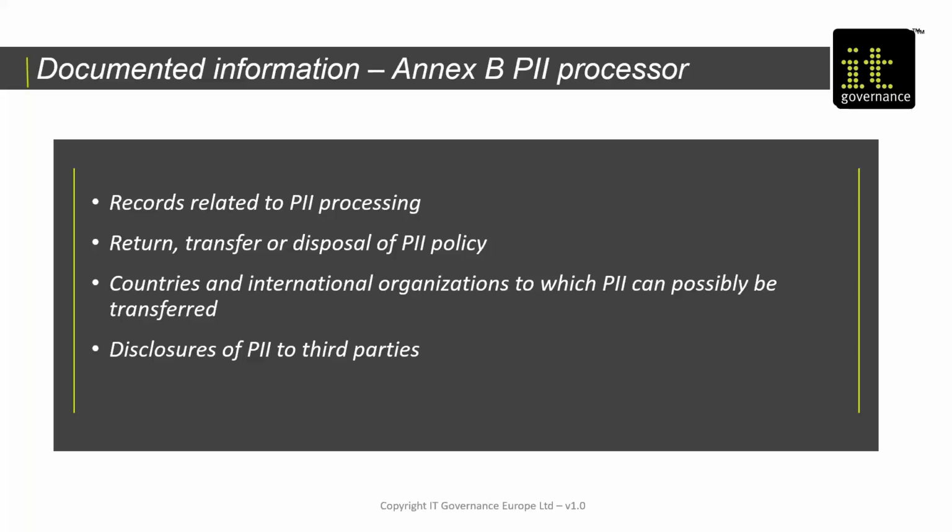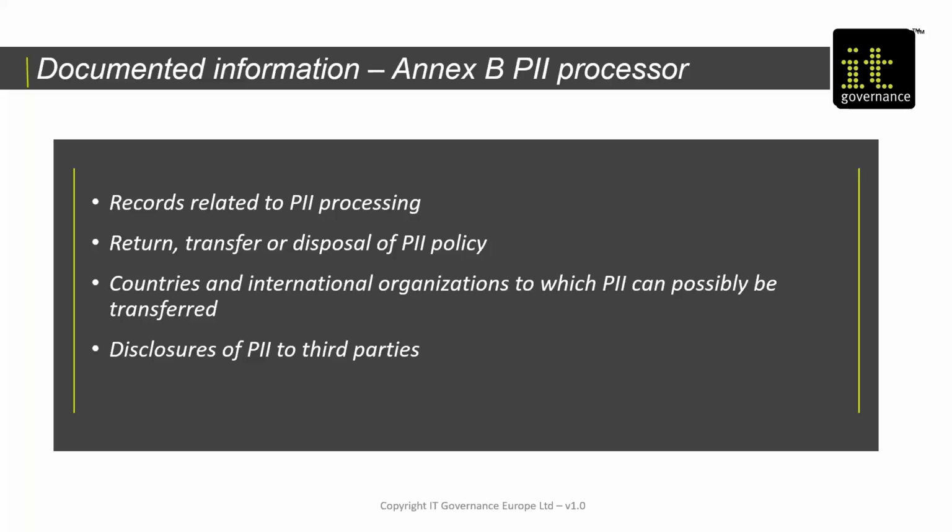Annex B 8.4.2 states that the organisation must provide the ability to return, transfer and dispose of PI in a secure manner. It must also make its policy available to the customer. And remember, customer is the PI controller.